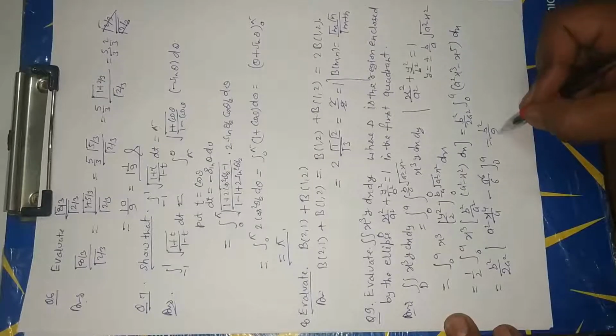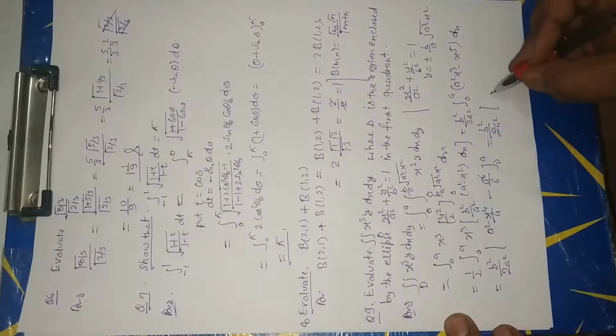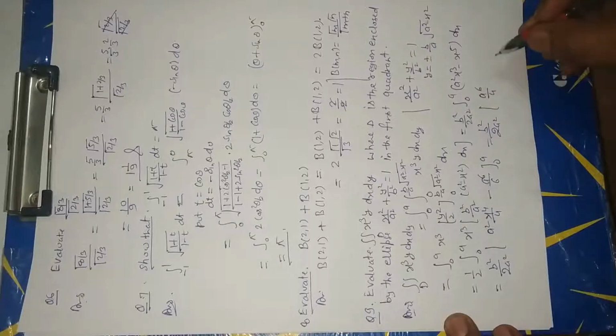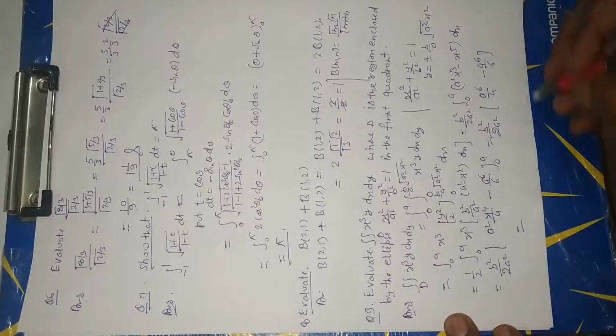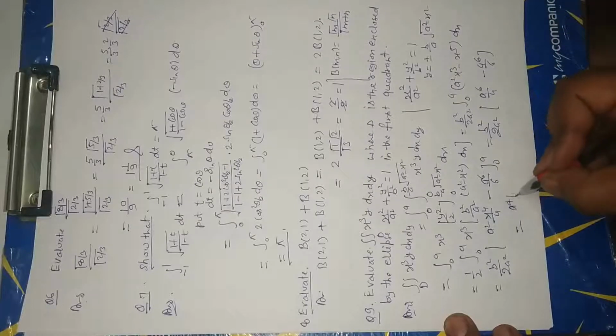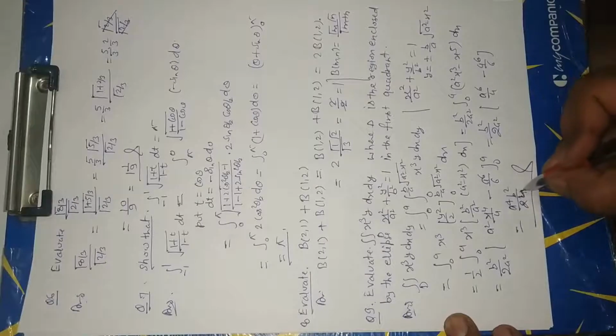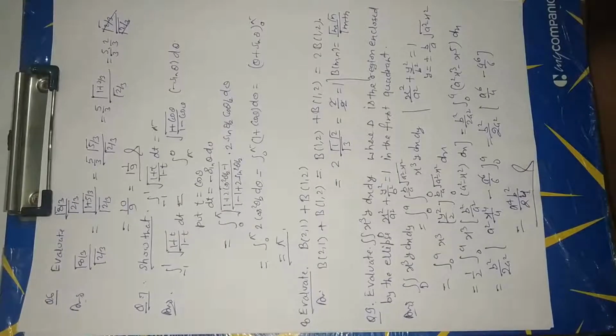Now a to the power 6 upon 4 minus a to the power 6 upon 6. Then we calculate this, and we get a to the power 4 b square upon 24. Okay.